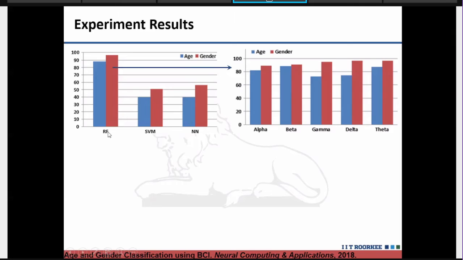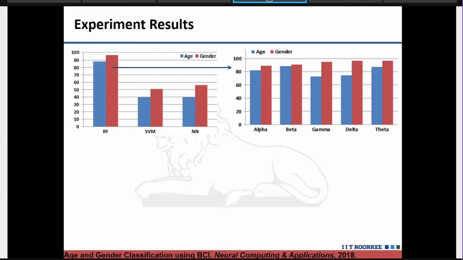We have seen in more detail what happens if we analyze only alpha signals or beta signals. As I was telling, if we decompose the signals into frequency components, we see how the low frequency components or high frequency components appear in these different age groups or gender groups.